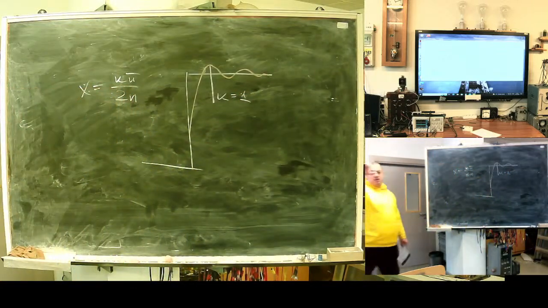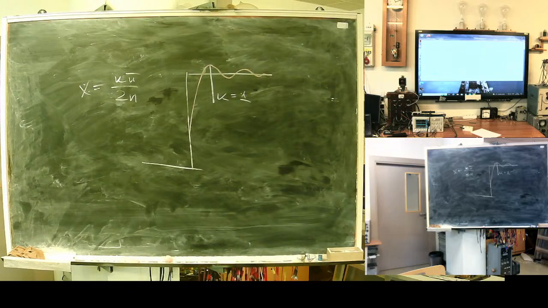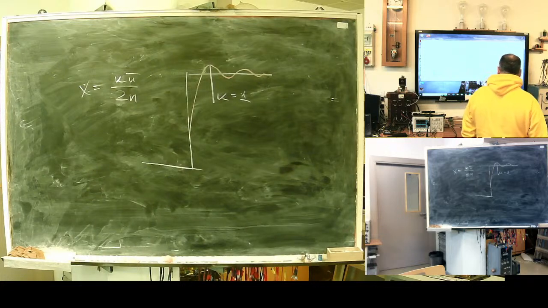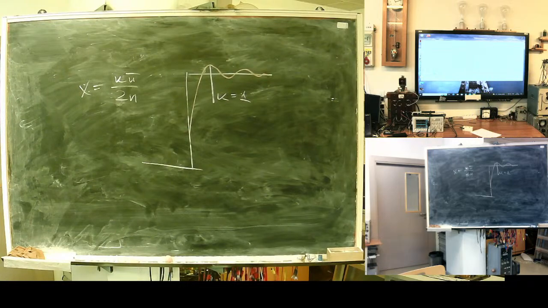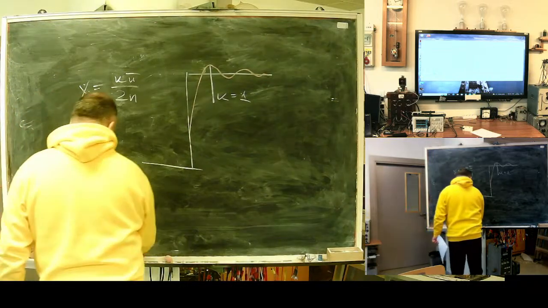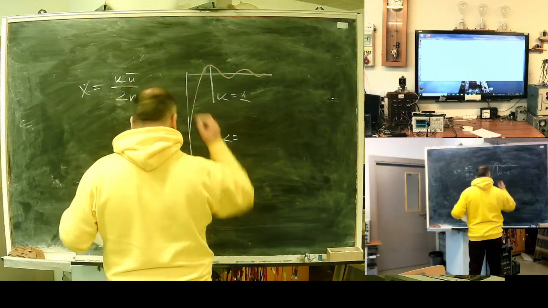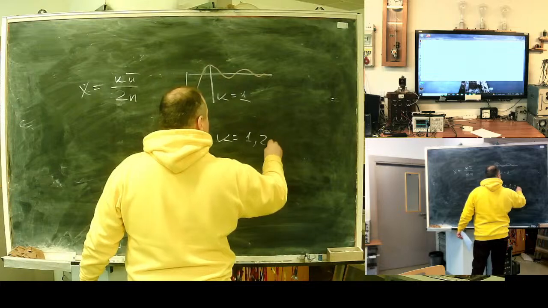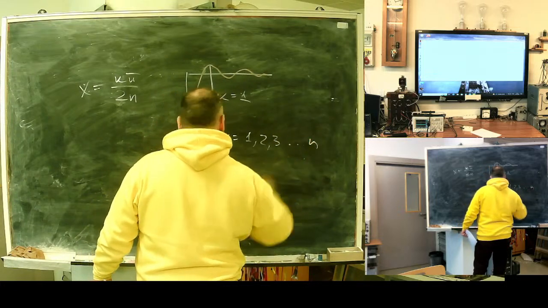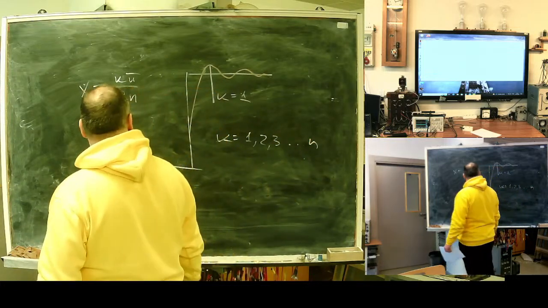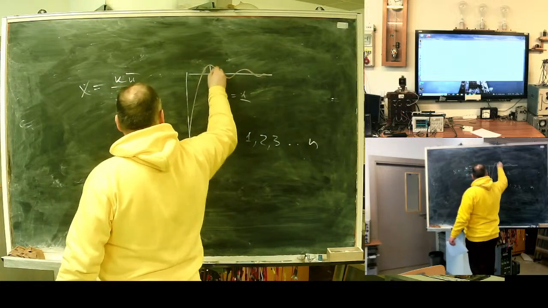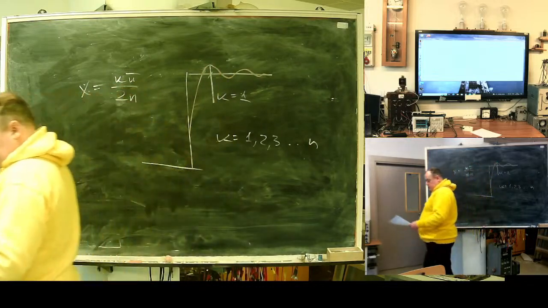It's the biggest. k is an integer 1, 2, 3, and so on, till n. But the biggest one is the first.